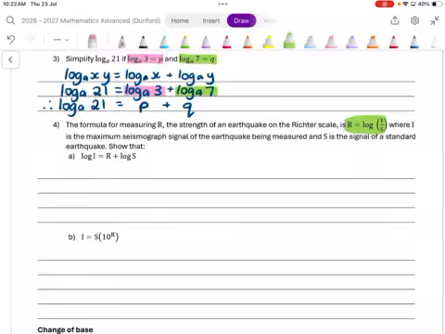so what we're going to do is show that log of I equals R plus log of S. So what we have is that R is equal to log of I over S. So we need to use our log law that goes with our division.